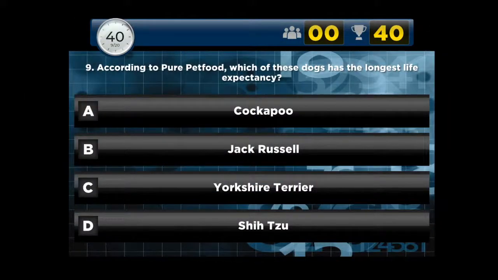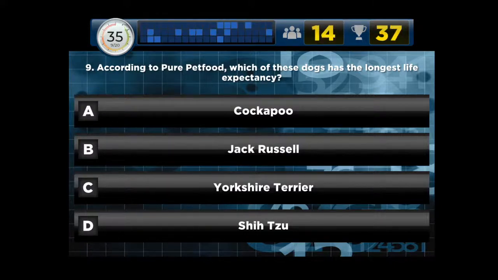Question 9. According to Pure Pet Food, which of these dogs has the longest life expectancy? A Cockapoo, a Jack Russell, a Yorkshire Terrier, or a Shih Tzu? So the longest life expectancy of those 4 dogs, is it a Cockapoo, a Jack Russell, a Yorkshire Terrier, or a Shih Tzu?